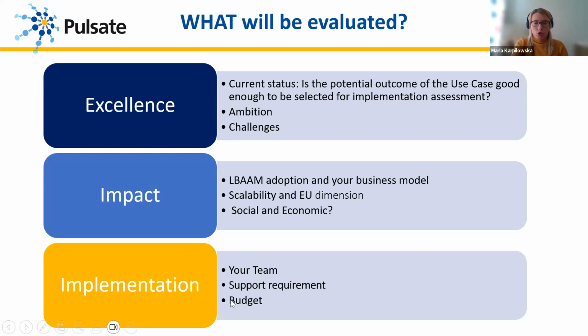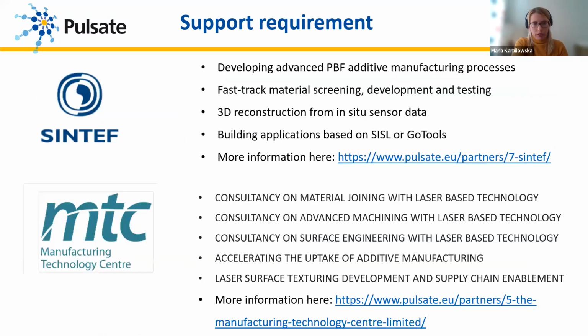You will need to complete the budget templates and upload it as a PDF. But you also need to tell us what kind of support you will need from the Pulsate Consortium. And for that, please go to pulsate.eu, and the addresses you can see here.